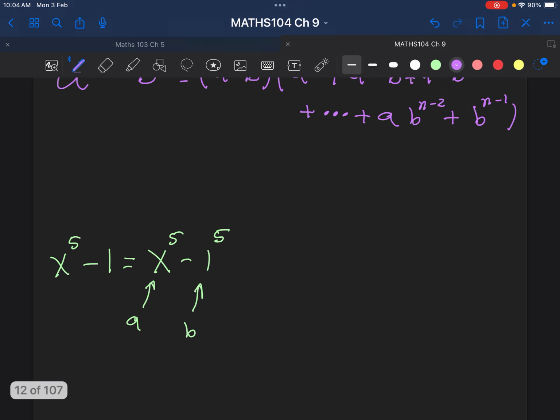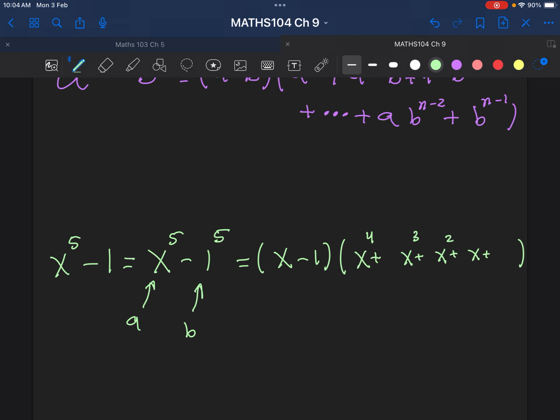Let's apply it to this example. Here, A is x, B is 1, and then you start with x to the power 4, x to the power 3, and then go down all the way: x squared, x, and something without x. Now you do the same thing for the B, but for the B, you should start from the end. So you get 1 to the power 4, then 1 to the power 3, then 1 to the power 2, and then you have 1.